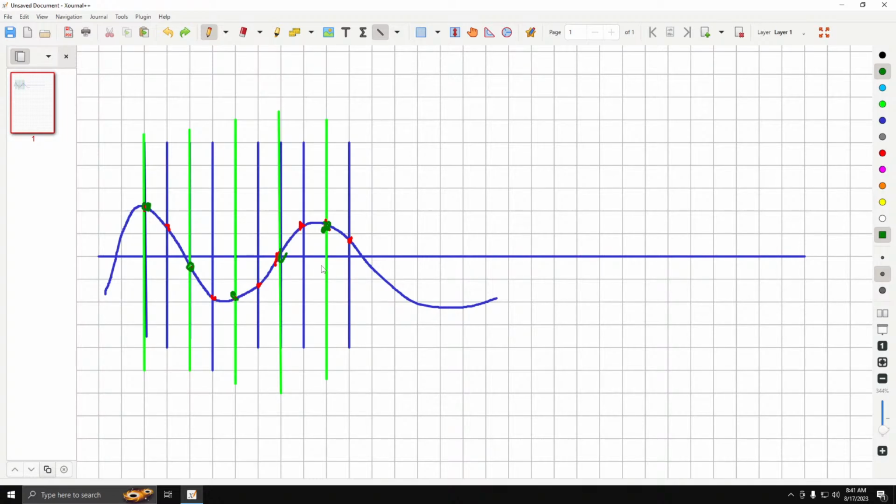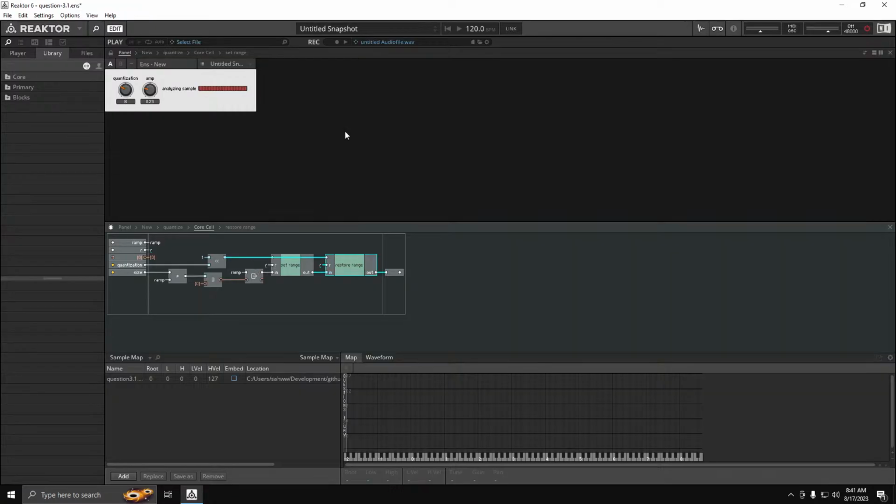It's not really changing the position of the samples, at least horizontally. I think it's more so changing them vertically. But anyways, I'll just show.